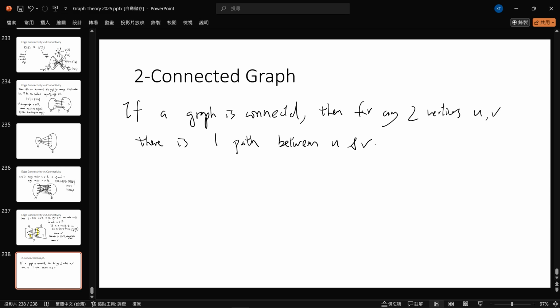So before we discuss connected graph, let's recall the definition of connected graph.